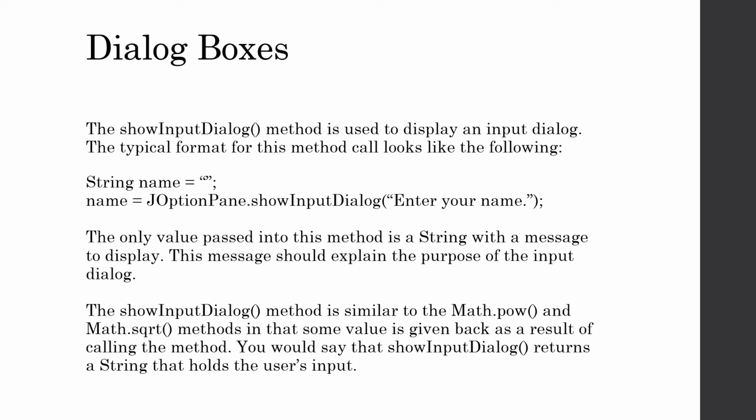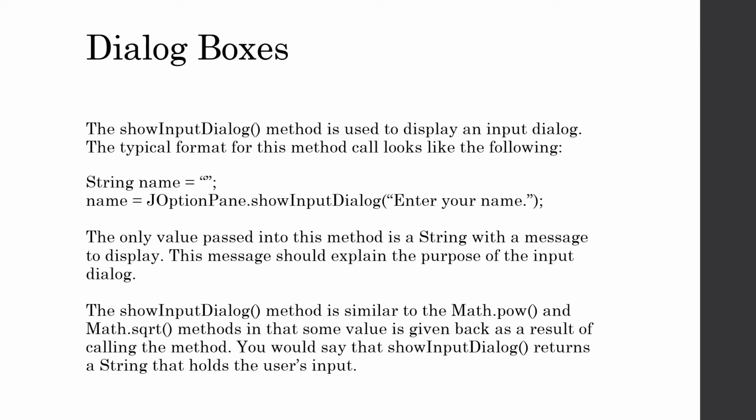In this case, we see that we've got a string that we called name. We initialized it with just an empty string, so kind of just starting off with some dummy value. We then created our input dialog. The string that we put into the input dialog, that's enter your name, that's going to be the request. Essentially, it's what's displayed in the input dialog's window, similar to what we did for a message dialog.